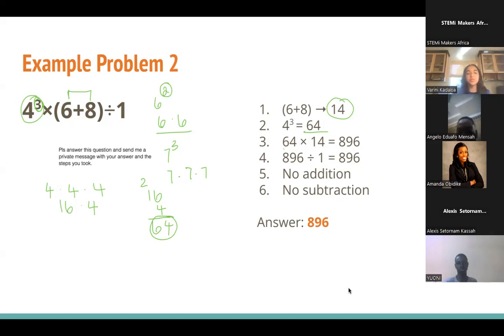Yeah, it is 4 times 4 times 4. But when you multiply all the 4's together, you get 64. Does that make sense? You can simplify that into 16 times 4, because we know that 4 times 4 is 16, right?